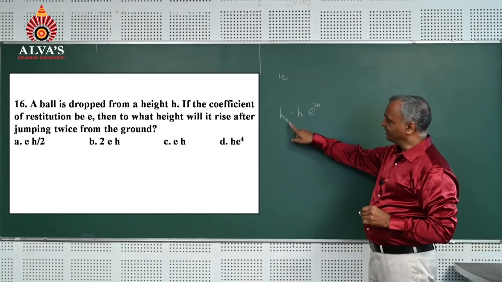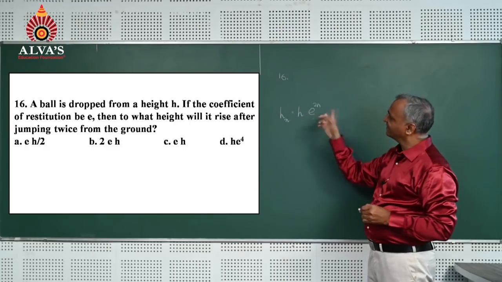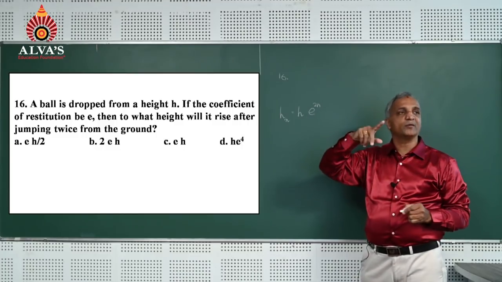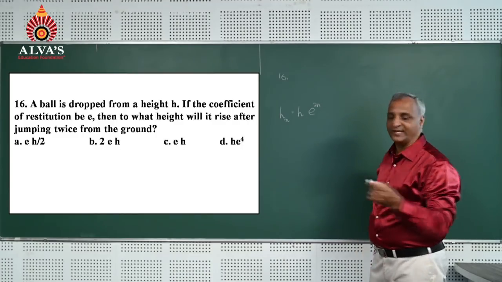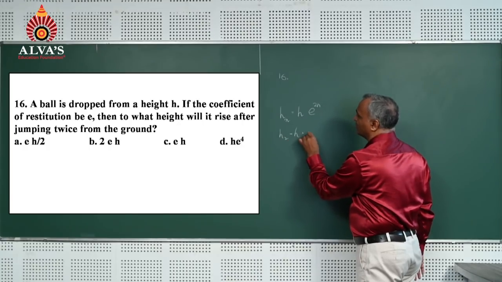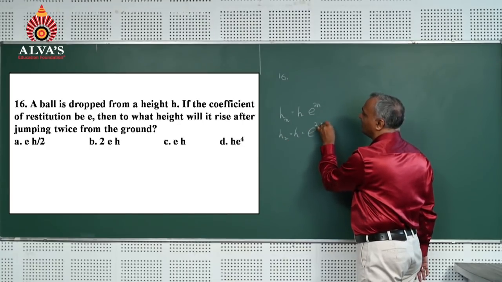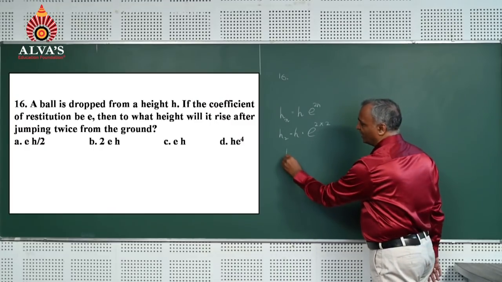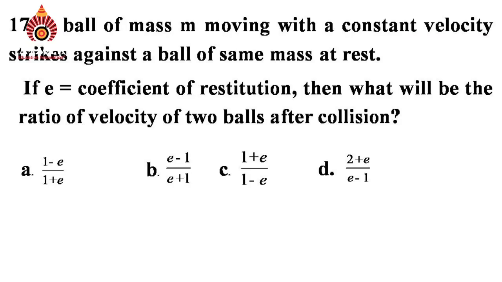So this is the height to which it rises after the nth jump. But in this problem it is given after 2 jumps. So I can write h2 will be equal to h into e to power 2 into 2. So h2 will be equal to h into e to power 4. So I'll go for option D.